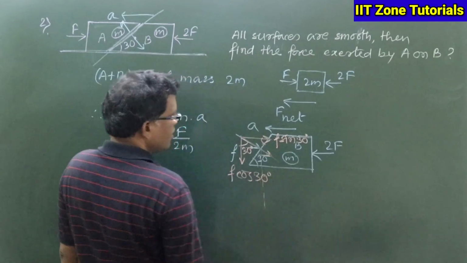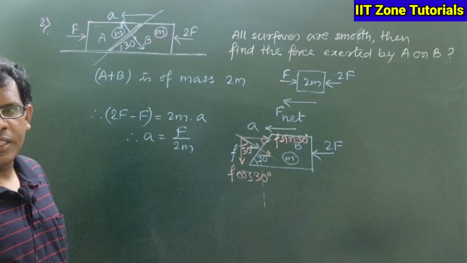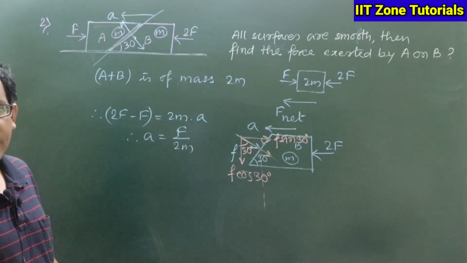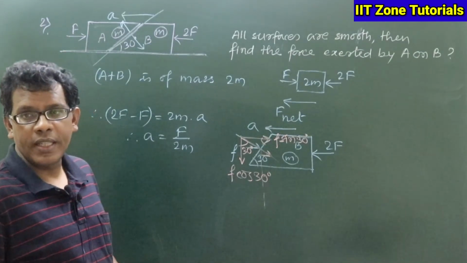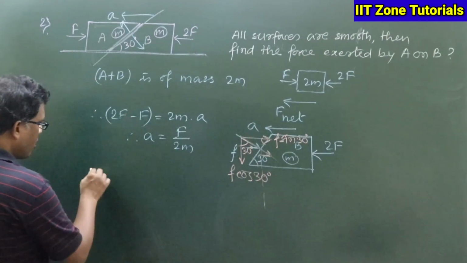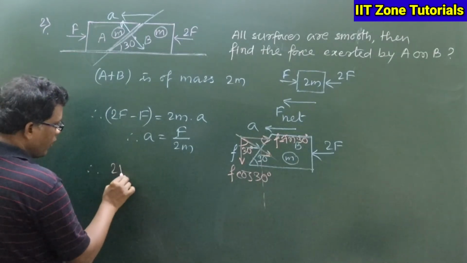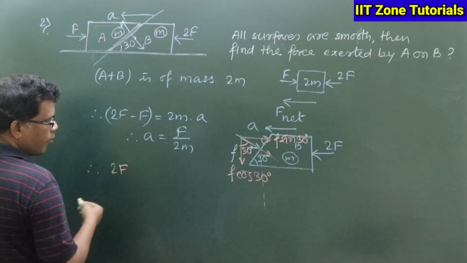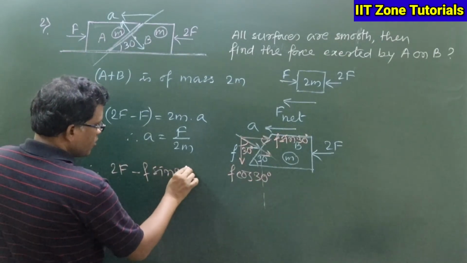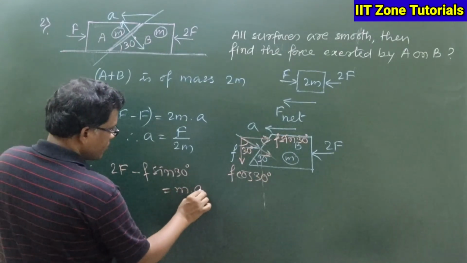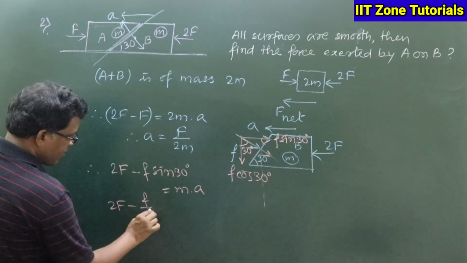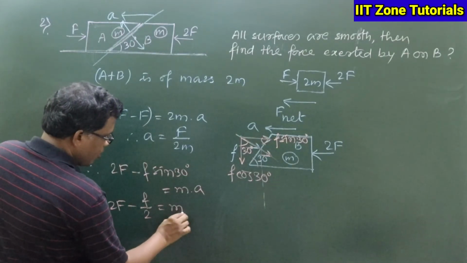So by A on B, horizontally rightward it will be f sin 30, and to the left, in the direction of acceleration, the block B is experiencing 2F. So we can write 2F, the force in favor of motion, minus f sin 30, equal to m into a. So 2F minus f times 1 by 2, since sin 30 is 1 by 2, is equal to m into a.